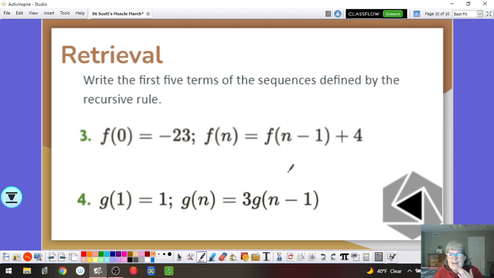This might not necessarily be so much review, but you're going to be asked to find the next or the first 5 terms of a sequence. And this is why we always give a recursive rule. So for example 3, the first term is going to be this negative 23. Our recursive rule says we are adding 4 to the previous term.